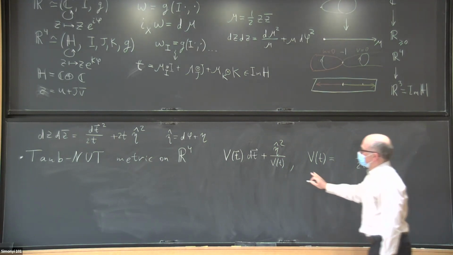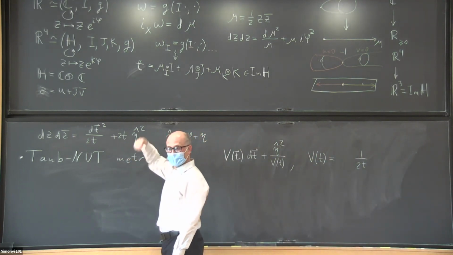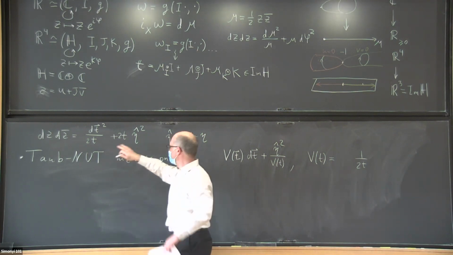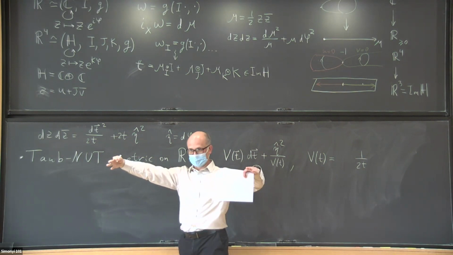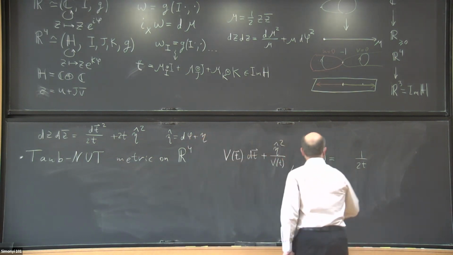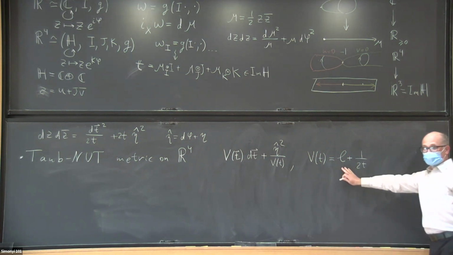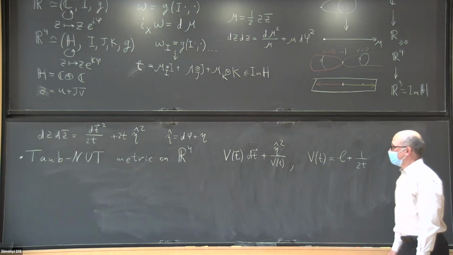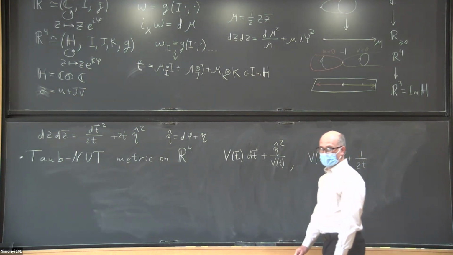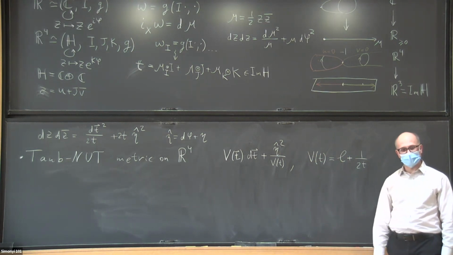As a result, for example, if you look at the size of the circle of the Hopf fiber, as we go to infinity, it grows. It's unbounded. It grows together with the base. And in this case, we simply add a constant to this. So this is the Taub-NUT metric in Gibbons-Hawking form. So this is a deformation which preserves the hyperkähler structure.